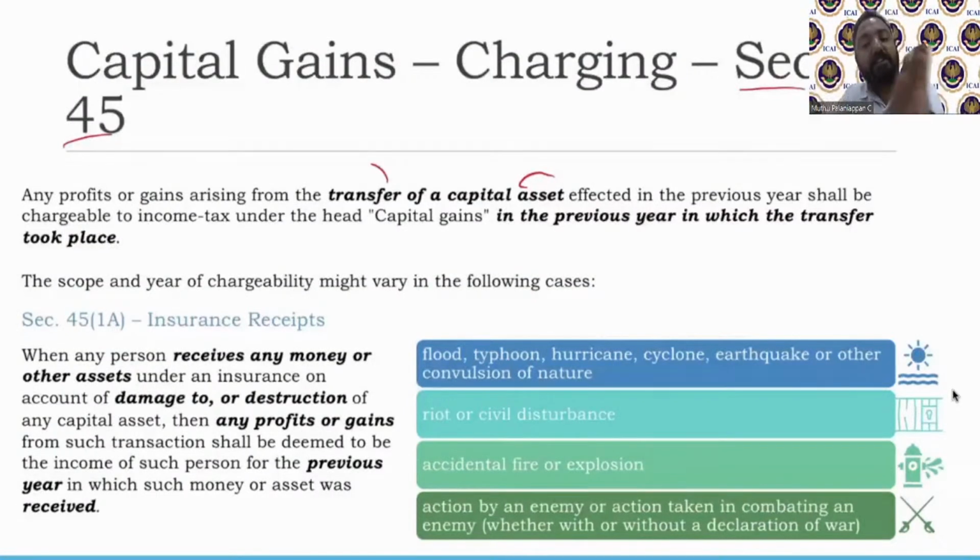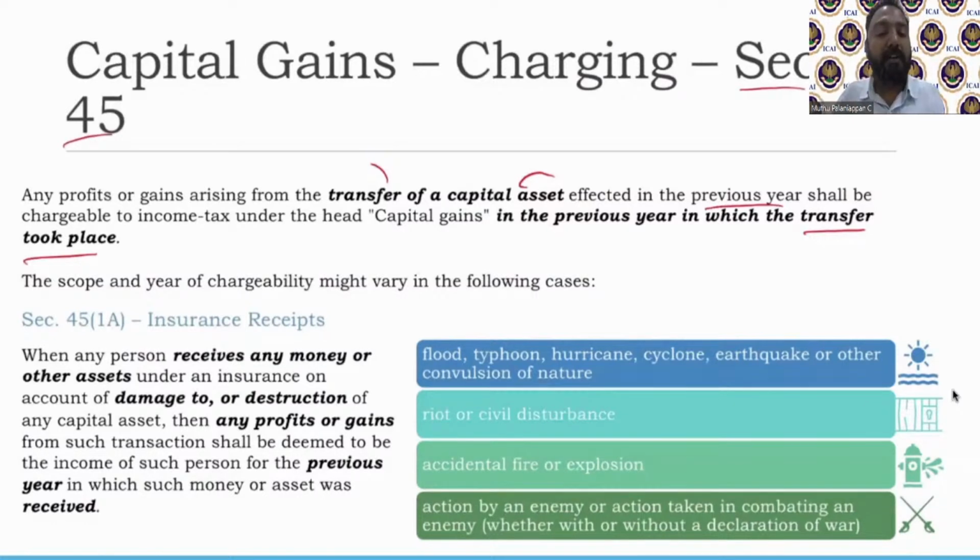So when there is a transfer of a capital asset effected in the previous year, it shall be chargeable to income tax under the head capital gains in the previous year in which the transfer took place. It's not any other year. If you transfer this year, it is taxable this year. So the year of transfer and the year of taxability are the same.